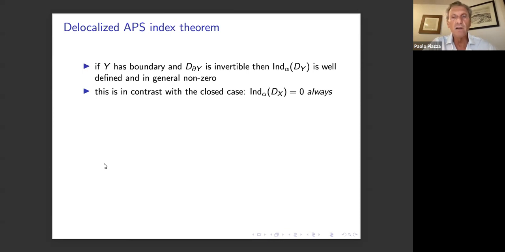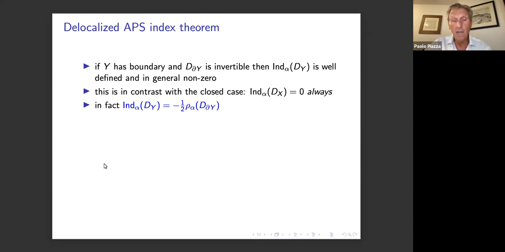You always have a non-local parametrix, and this is why this higher index is non-zero, even if you take a delocalized cocycle. As a matter of fact, you have the following index formula, namely the delocalized index, when alpha is a delocalized cocycle, is equal to the higher rho number of the boundary operator.